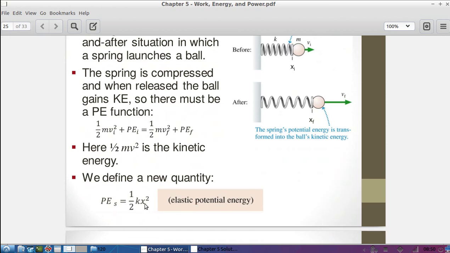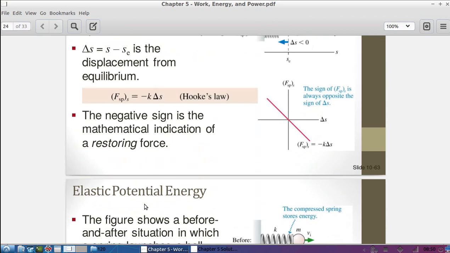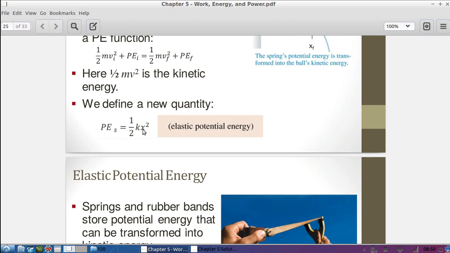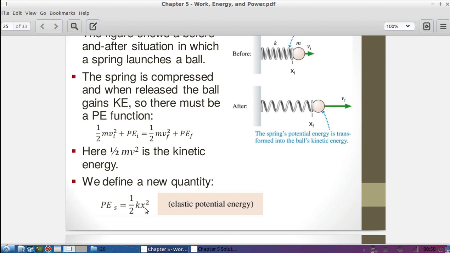So again, it's proportional to how much the spring is compressed or stretched. This x is my new delta s. So this x is the displacement of the spring. k is the spring constant, so the spring potential is 1/2 k delta x squared. So if we know the spring constant and we know how much the spring is stretched or compressed, we know the spring potential.